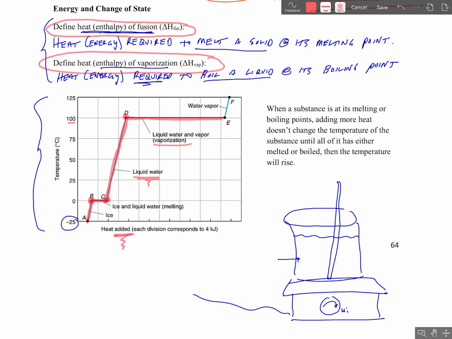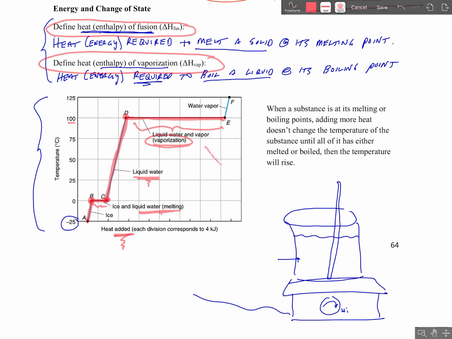Notice that the heat of vaporization is bigger, takes more energy, than the heat of fusion here, which didn't take as much energy. That should make sense, because in the heat of vaporization, aren't you separating the molecules from the liquid to the gaseous phase and putting huge distances between them? But when you're melting it, that's not happening. You're breaking that crystalline structure, but you're not putting huge distances between the molecules.